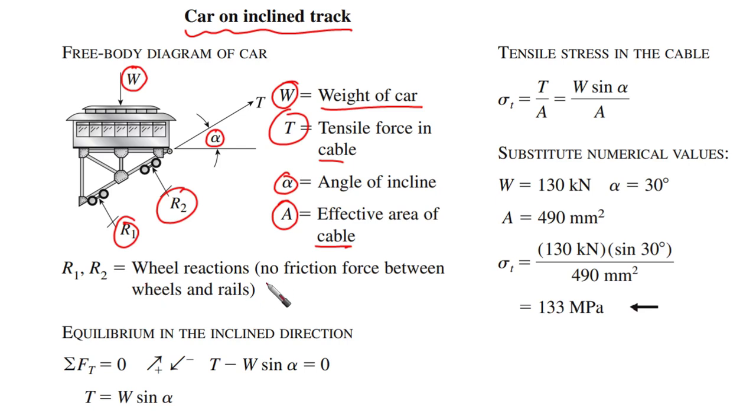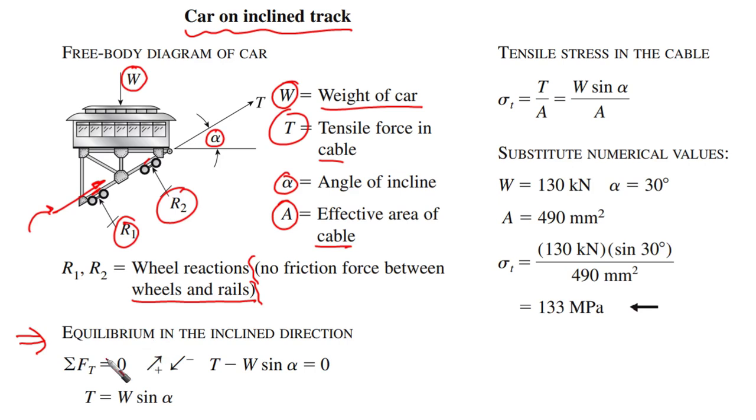We're going to assume no friction force between wheels and rails. So this no friction force means that there are no horizontal forces going to be developed, so that we should take it into consideration. This is the meaning of no friction force between wheels and rails. Well, the first thing that we are going to do is putting the equilibrium equation in this inclined direction.